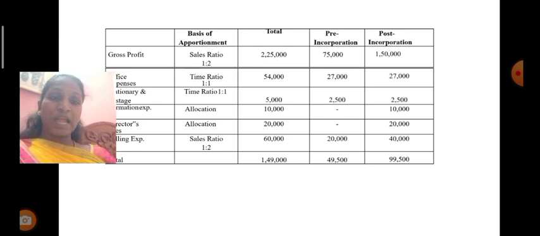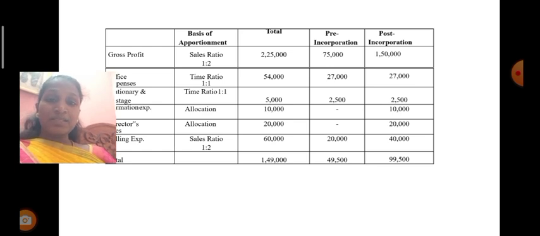So we divide 2,25,000 into 1 by 3, and 2,25,000 into 2 by 3. For the pre-incorporation period the amount will be 75,000, and for the post-incorporation period the amount is 1,50,000. So we have to find it out like this.